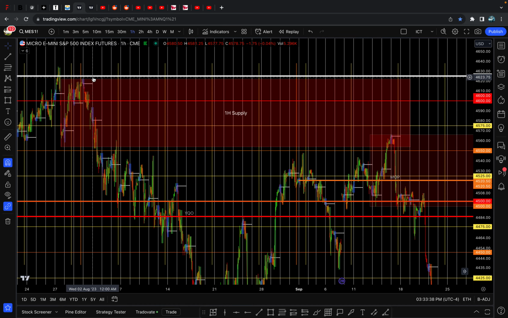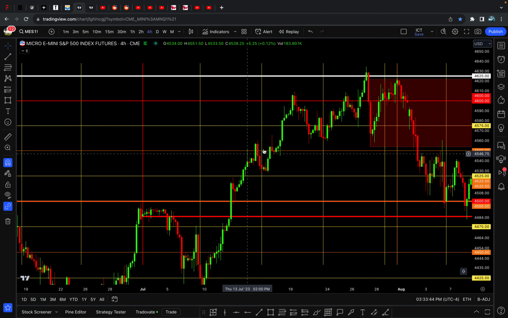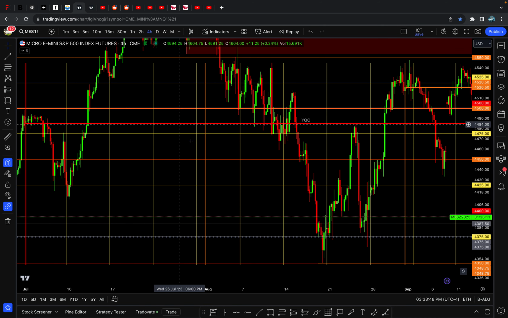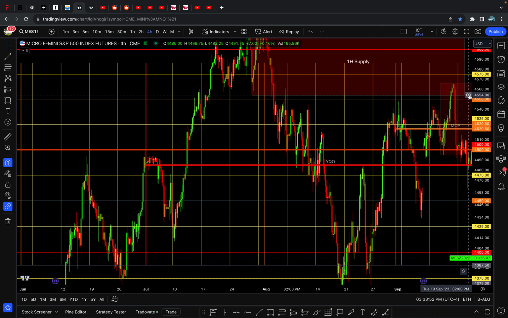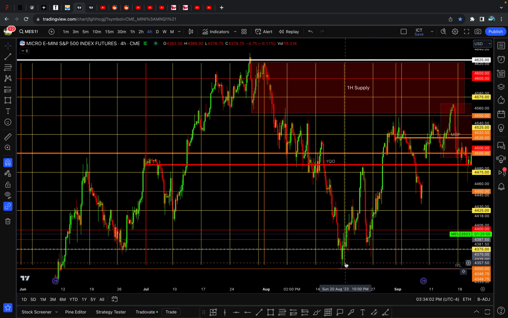Not saying I fully understand this. All I know is that basically if you break structure, right? Obviously, we've got all this little structure here that we broke, and we did all this mess, but ultimately we broke this major structure here and major structure here, and boom, started working our way back up, making higher highs, higher lows.